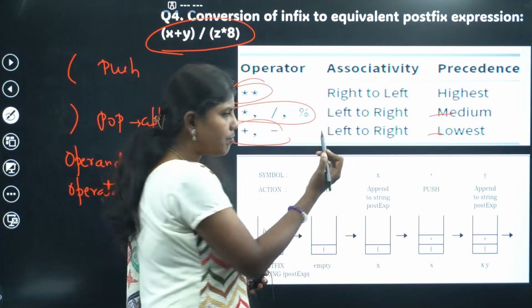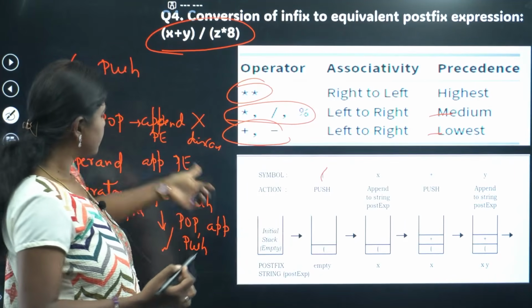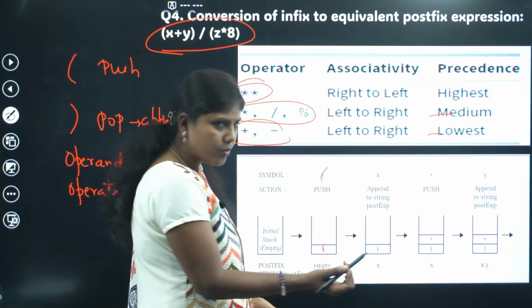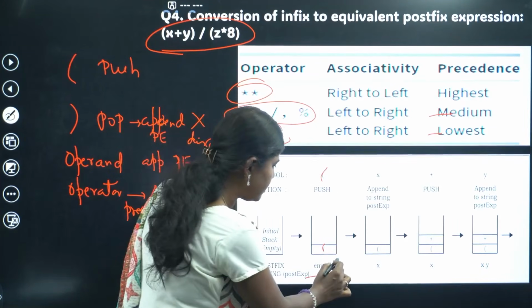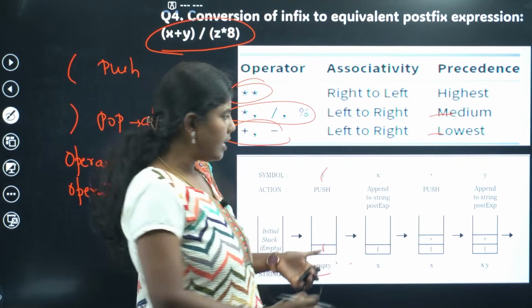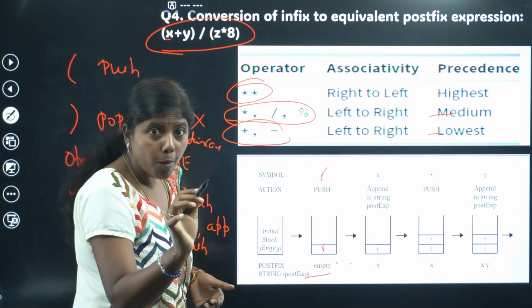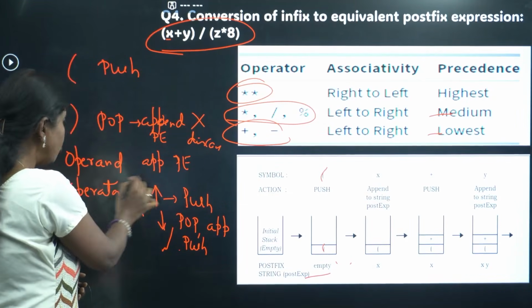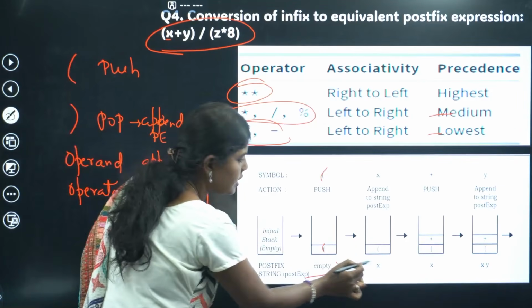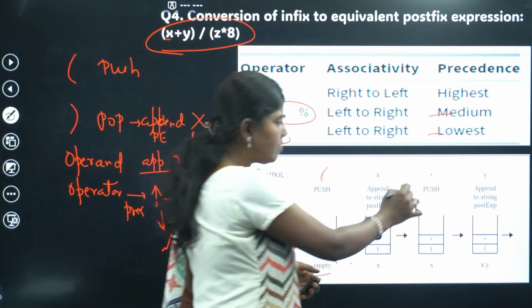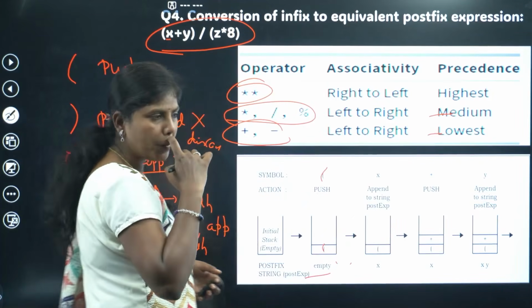These are the things that you have to remember. Okay, I have got the left parenthesis. I have to push it. This is going to be the pushing stack. As of now, nothing is there. It is an empty string. Then we have encountered x here. X is going to be an operand. Operand means very simple. I need to append to the postfix expression. That's why it is x. Okay, it remains the same. Then we have plus here. Plus means what? It's an operator.